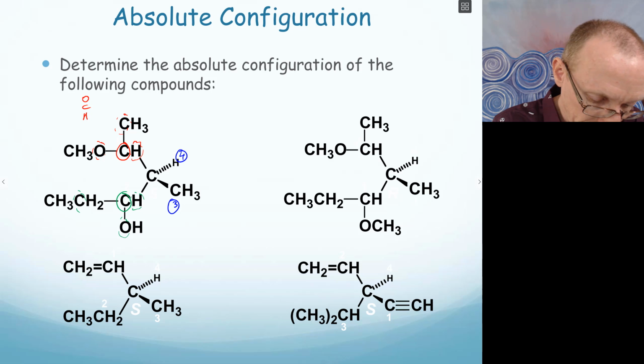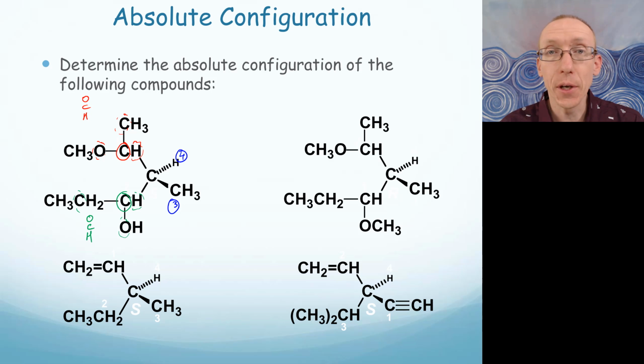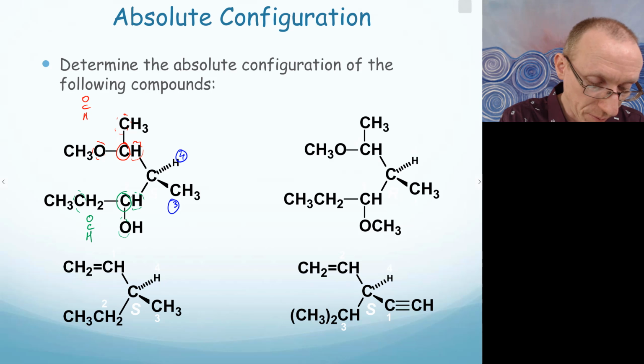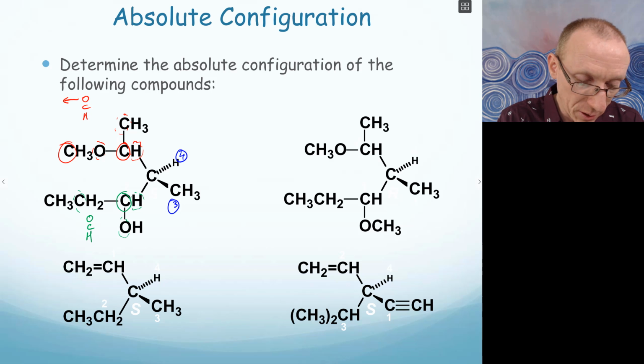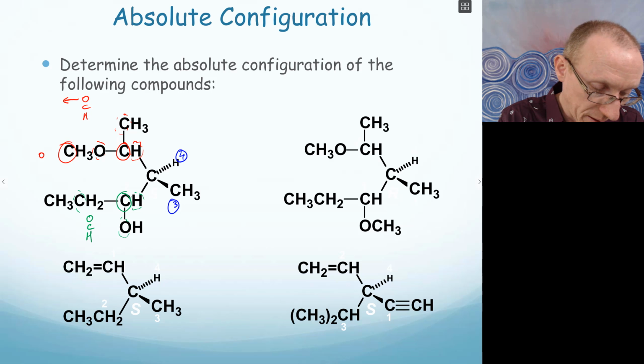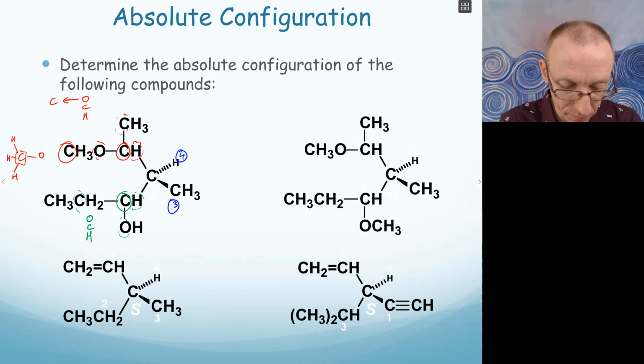So we've got oxygen, carbon, and hydrogen. So we go further out along the chain of highest priority. So we go from the oxygen across to a carbon atom. So this methoxy group here is an OCHHH. The thing that is directly attached to that oxygen is a carbon atom, and so therefore the only thing we list is a carbon atom there.